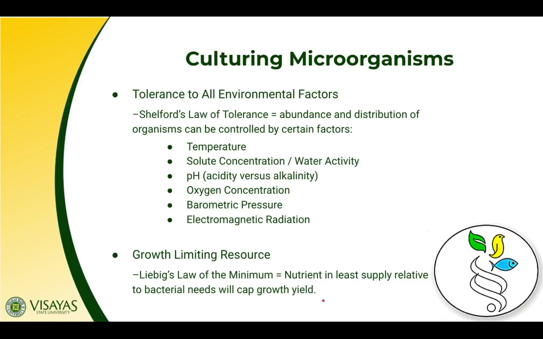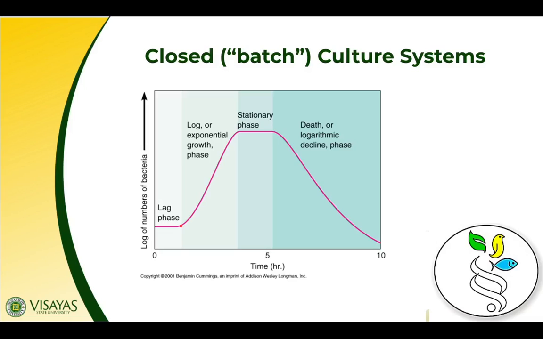So once you introduce, say for example, 100,000 cells in a particular petri dish, at a certain time, they will still not grow. They are not yet dividing. Then they adjust to the environment. This is what we call the lag phase, the adjustment period. But if they're already adjusted and they find that there are so many nutrients, then they will grow exponentially.